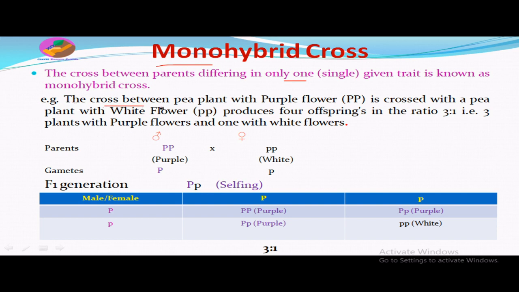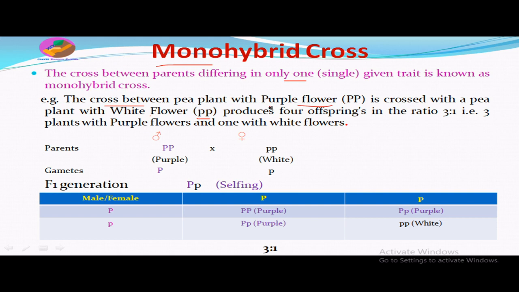The cross between a pea plant with purple flower, capital P, and a pea plant with white flower, small p, produces offspring in the ratio 3:1. Here you can remember that only one trait is considered, and that trait is the color of the flower.